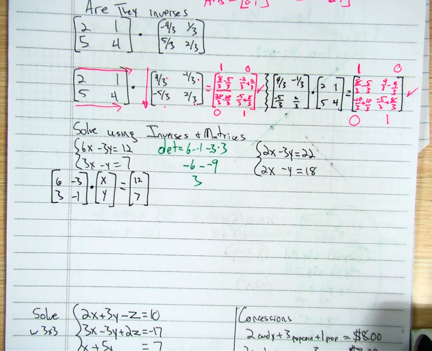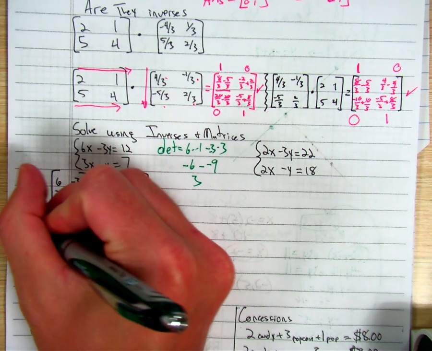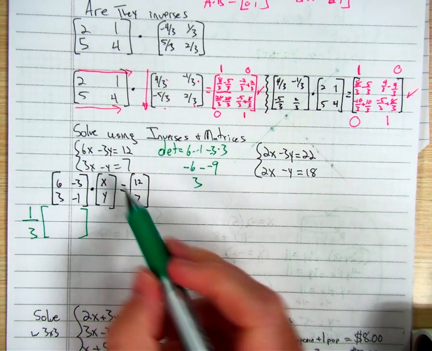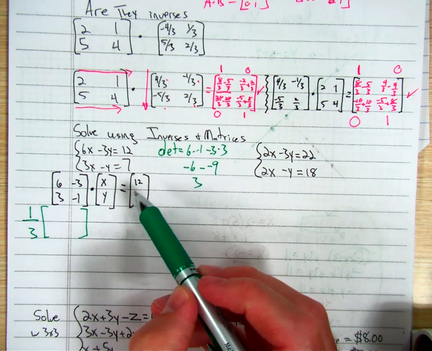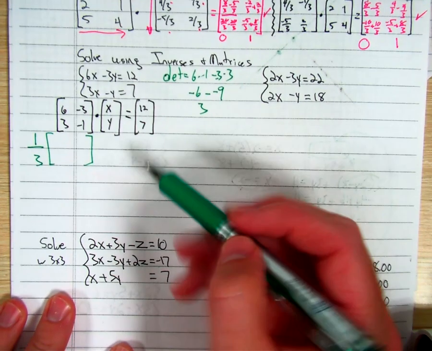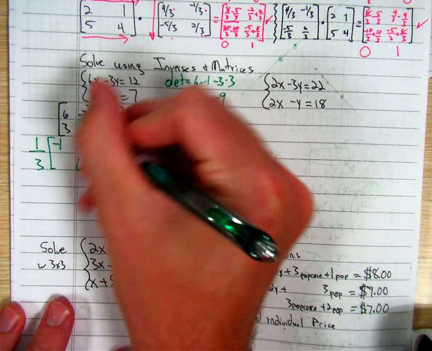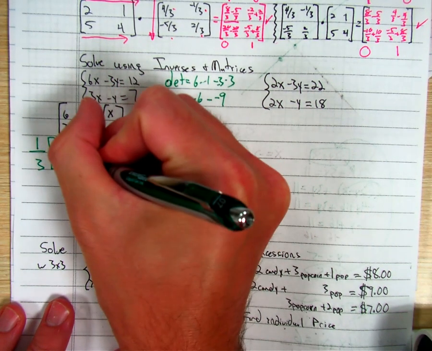What do we do with that determinant? Okay, it's 1 over determinant times, do you remember what we do for our switcheroos in here? These two switch places, and these two change their signs.